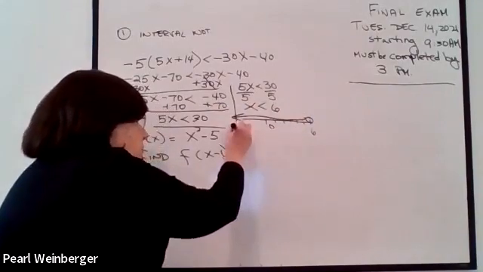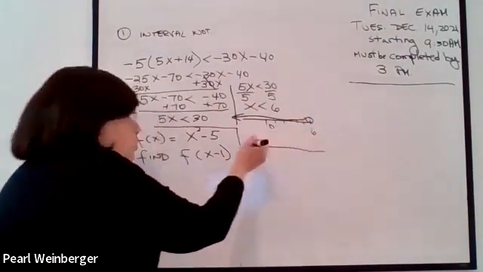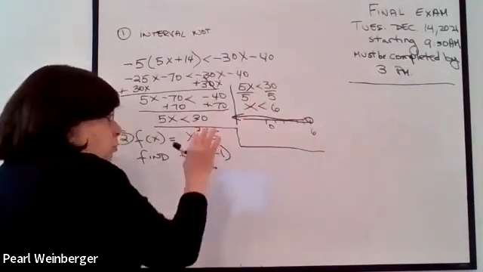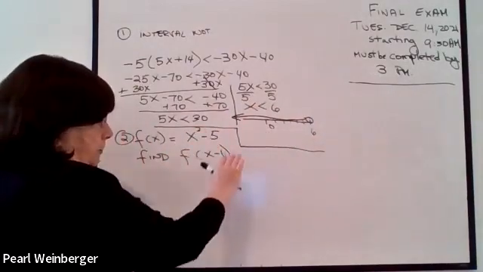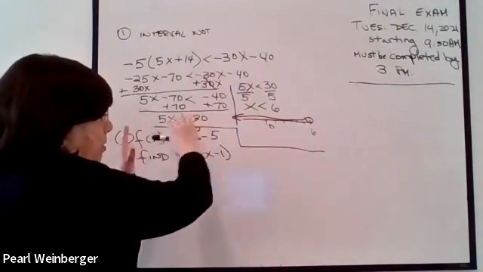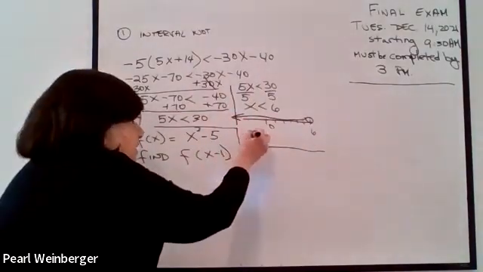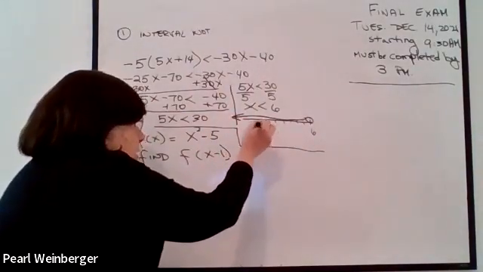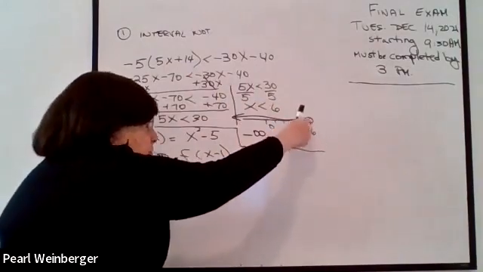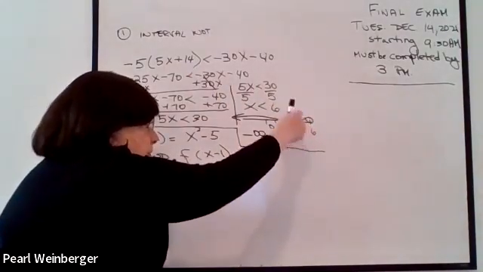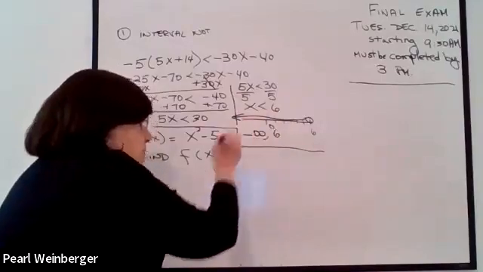In interval notation, remember when you're writing the interval, you start on the left side and work to the right. All the way to the left means negative infinity. And all the way to the right, we're stopping at 6.